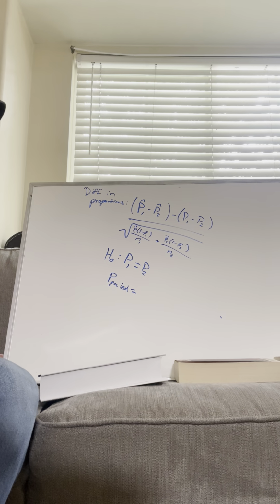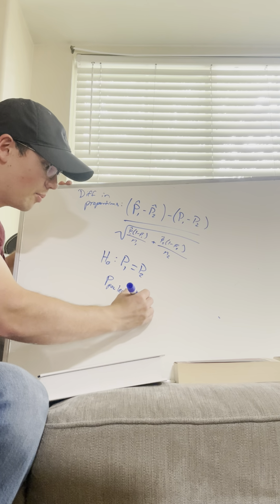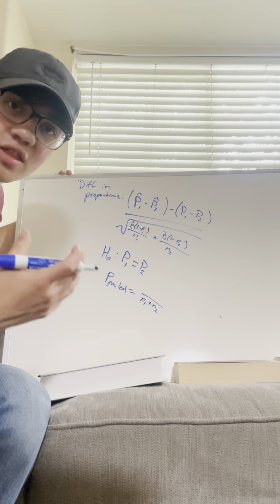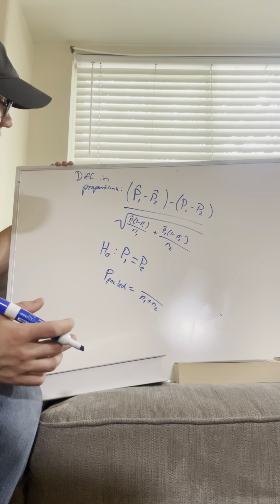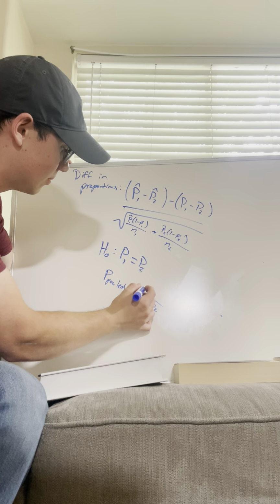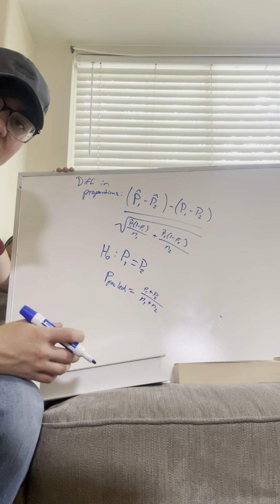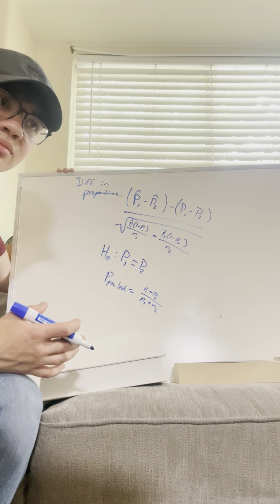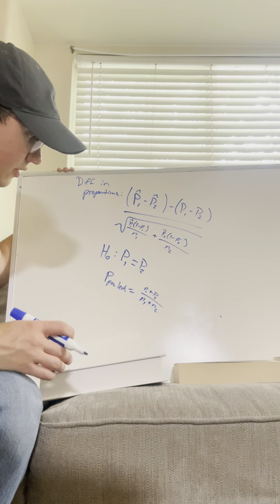So you're going to add up the sample sizes to create a new kind of master sample size. And then you're going to add up the number of positive responses, the number of ones, essentially, on the numerator.